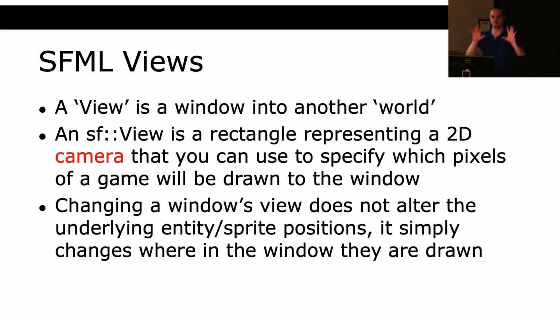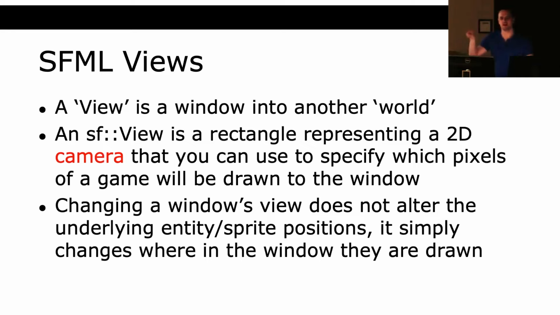let's take a second to think about something. Up until this point, if you didn't know what an SFML view or a camera was, and you wanted to implement some sort of side-scrolling view, one of the things you might actually do is say, okay, let's say I want the camera to move to the right.